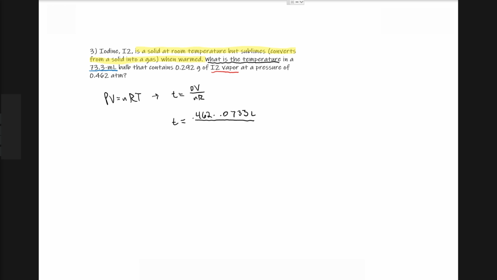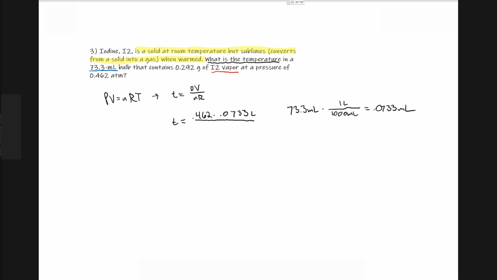That is our volume, and we know that because we can go 73.3 milliliters times 1 liter per 1,000 milliliters equals 0.0733. So just in case you're not sure how I got there.